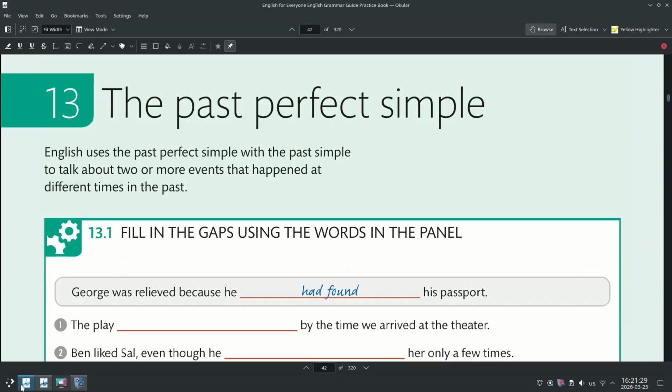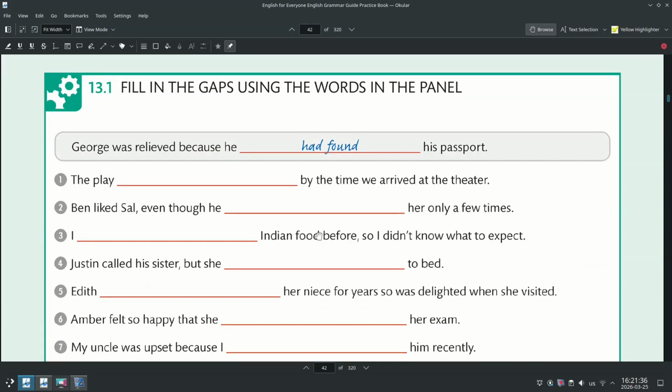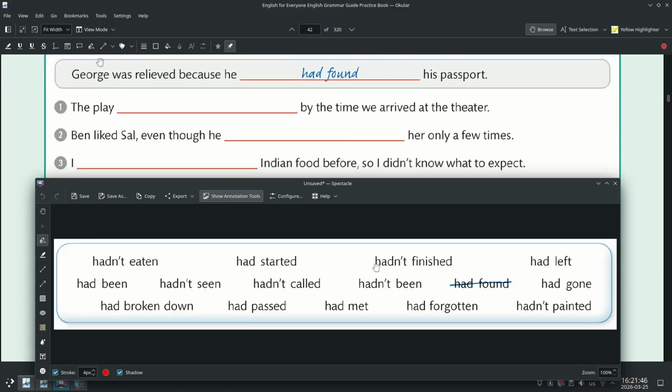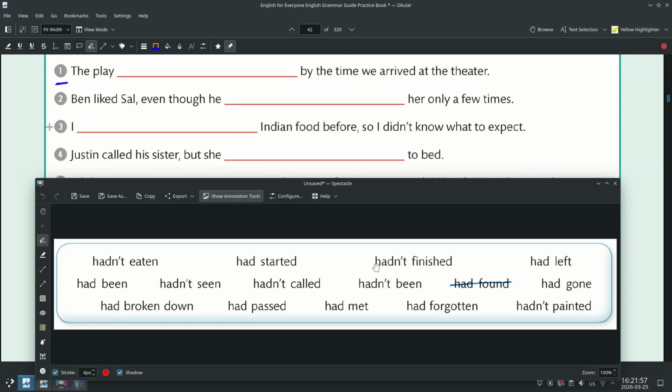Let's have some practice. We have sentences and we should fill in the gaps using the words in the panel. I have this panel, here it is. So, George was relieved because he had found his passport. Number 1. The play by the time we arrived at the theater.